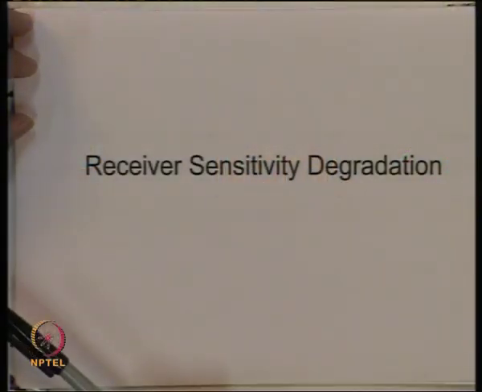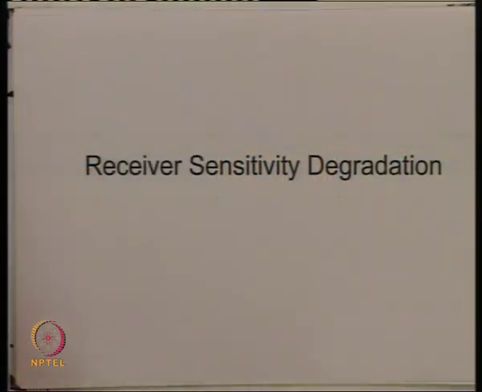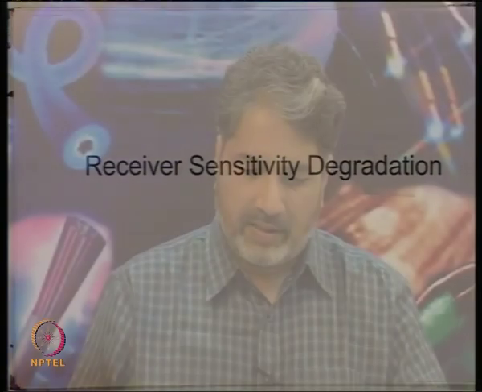So, we are going to essentially discuss today the receiver sensitivity degradation. That means, because of these practical constraints on the optical receiver, how the sensitivity of the receiver degrades, and to restore that sensitivity back, how much extra power has to be added into the system so that we get the same receiver performance or same BER.